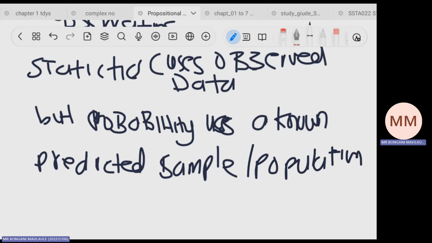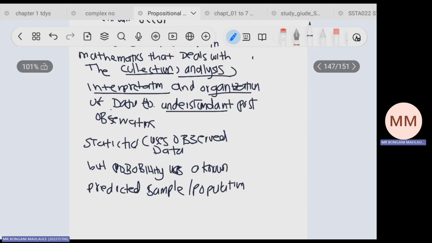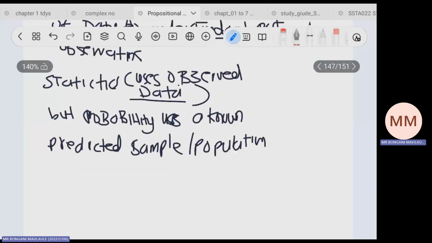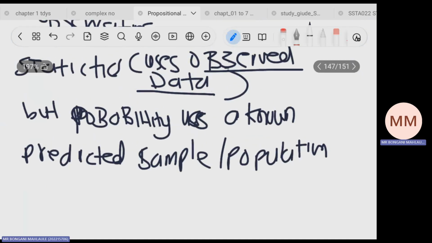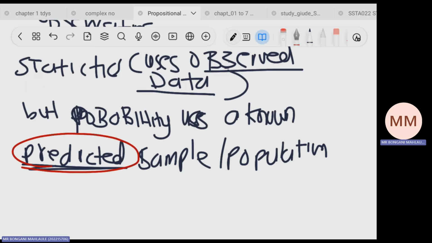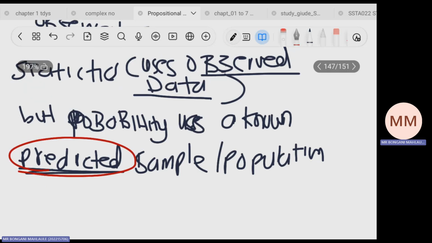So that's how you will differentiate between these two, because they're asking us to also differentiate. Predicted sample. This is the keyword when you explain probability.